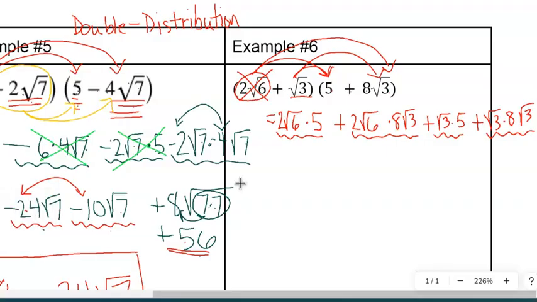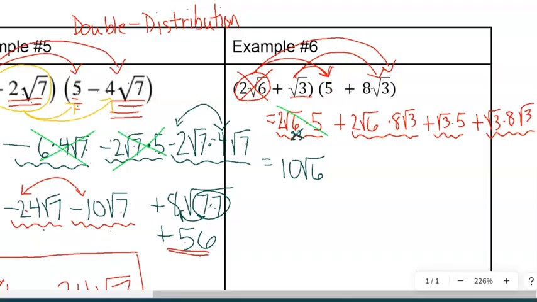So let's go ahead and simplify this a little bit more. So the 6 breaks down into 2 times 3, which isn't a double. So that means 6 is going to stay as my radical. So 2 times 5 is 10 root 6. And that term's done.